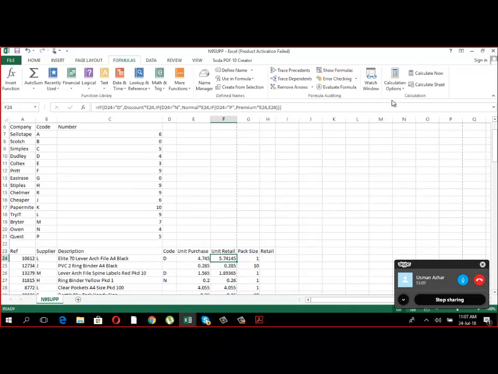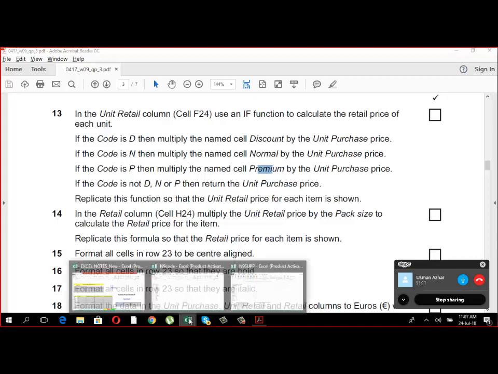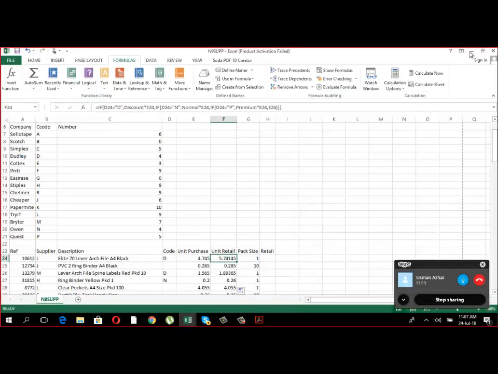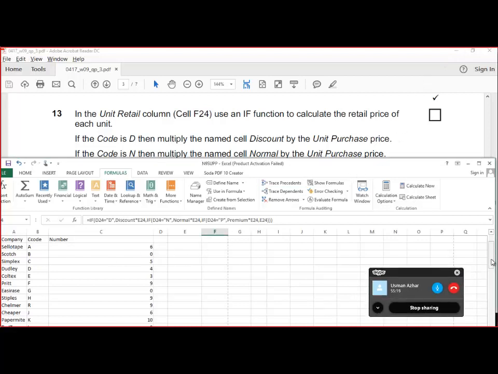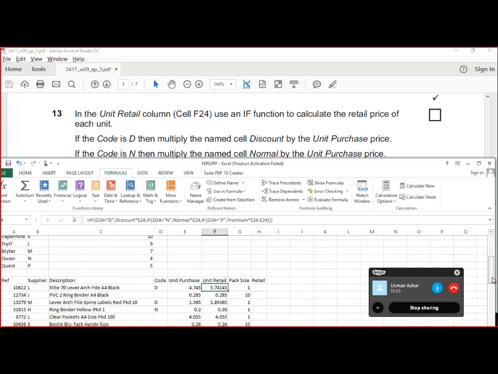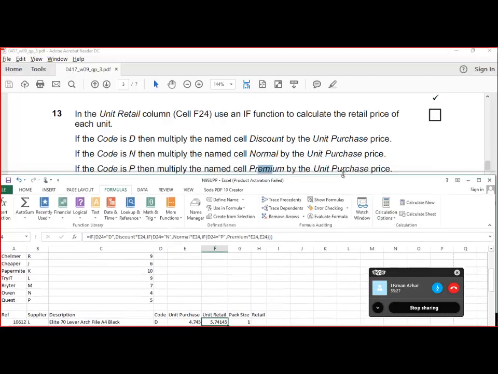So I'll open this, and I'll minimize this somehow because I want you to have a look and tell me if there's any problem. I can't do it more.